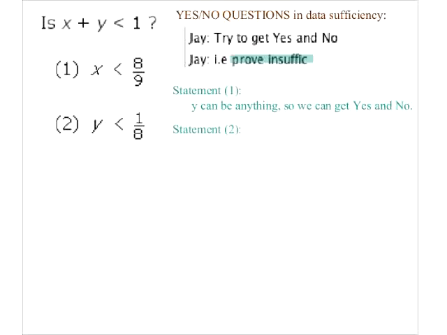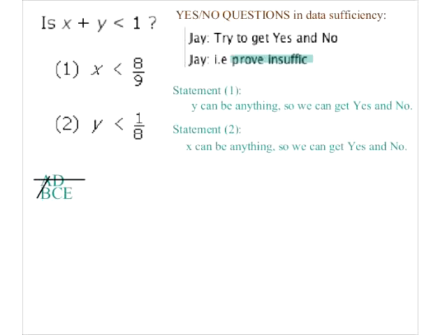Same observation works, except it's the other way around. X can be anything, so we can also get yes and no. So in terms of our grid that we make when we do these problems, A, D, B, C, E, we can relatively quickly get rid of A, D, and B.